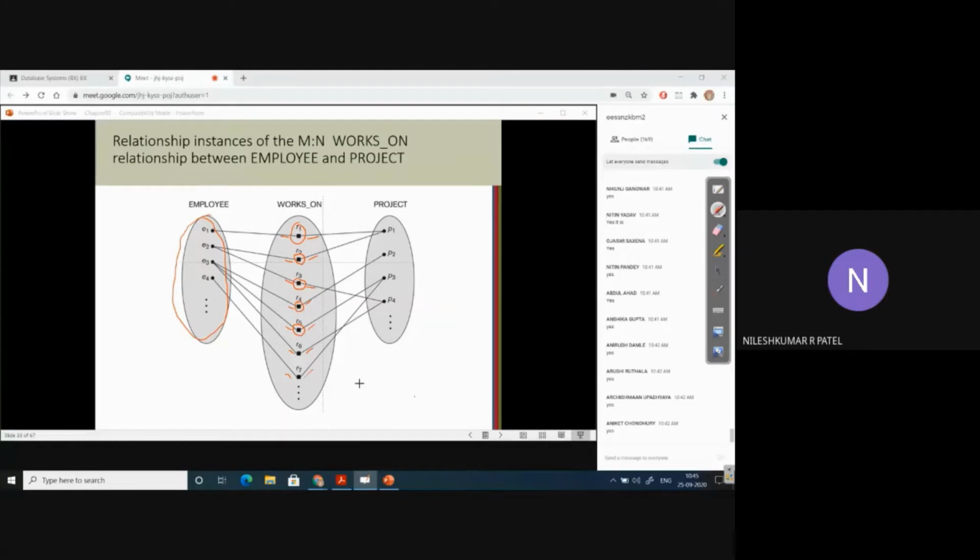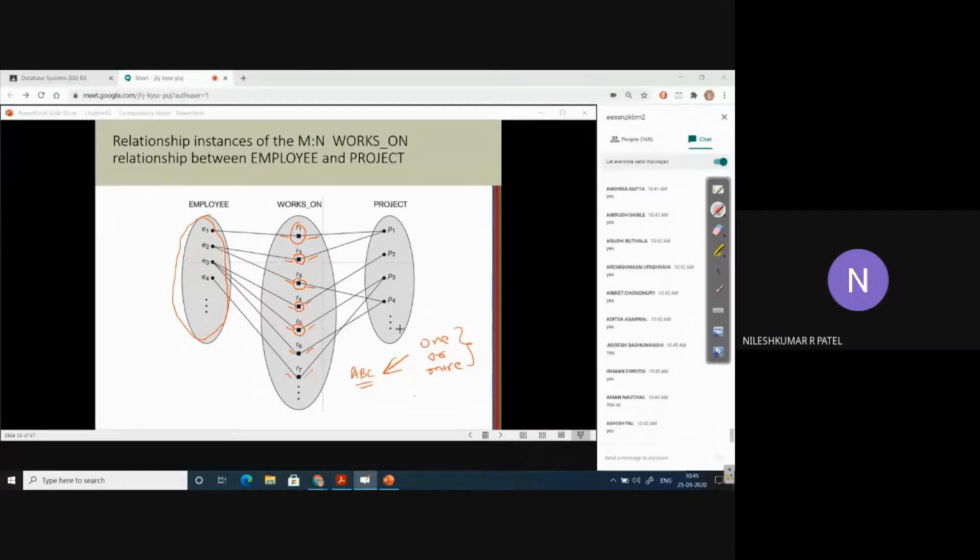Now if you look at the employee entity type and project entity type according to the requirement, say there is a project named ABC. How many employees will be working on this particular project? One or more? Yes, one or more employees might be working on this project.